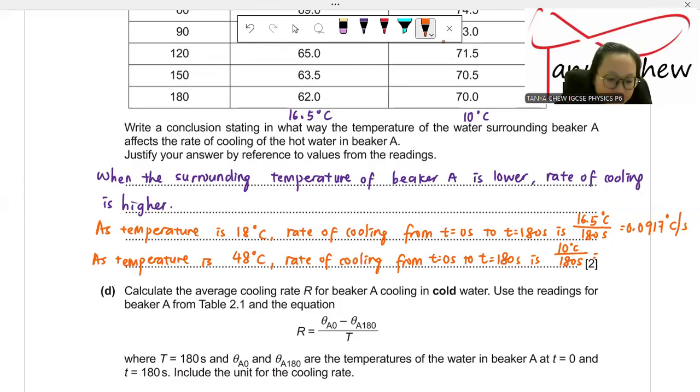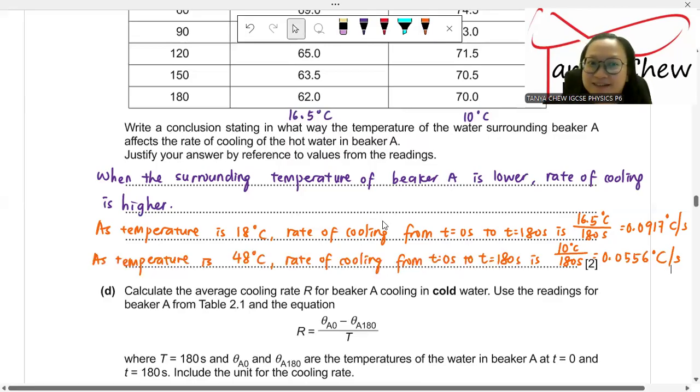Let me do it. 10 divided by 180, that gives us 0.0556 degrees Celsius per second. So that is the conclusion. Because when the temperature is lower, the rate of cooling is definitely higher, which is 0.0917.